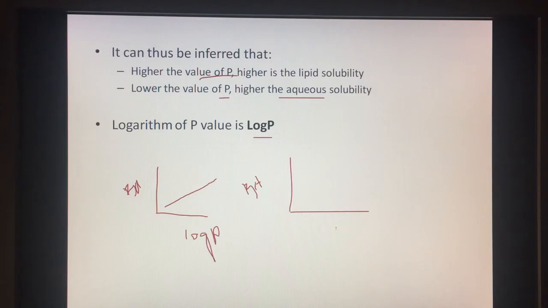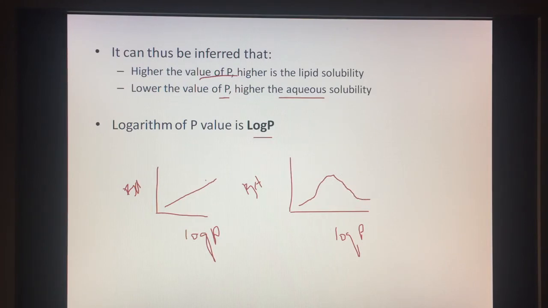This is biological activity, and here is log P. If we plot a graph of this, as the log P value increases, the biological activity increases up to a certain point, and then after a certain point it starts decreasing. So it is a parabolic or sigmoidal relationship.